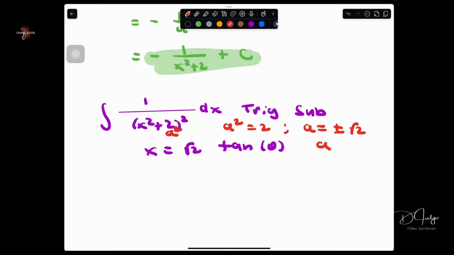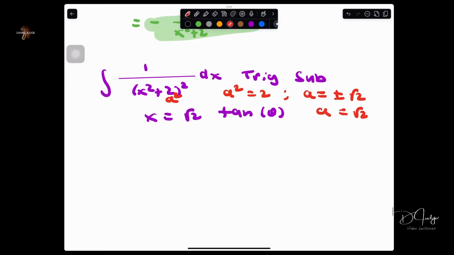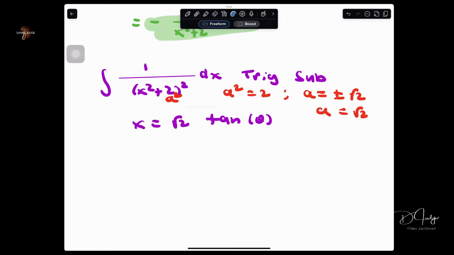Remember, a is always positive. So here's my x. Now dx: the derivative of tangent is secant squared.